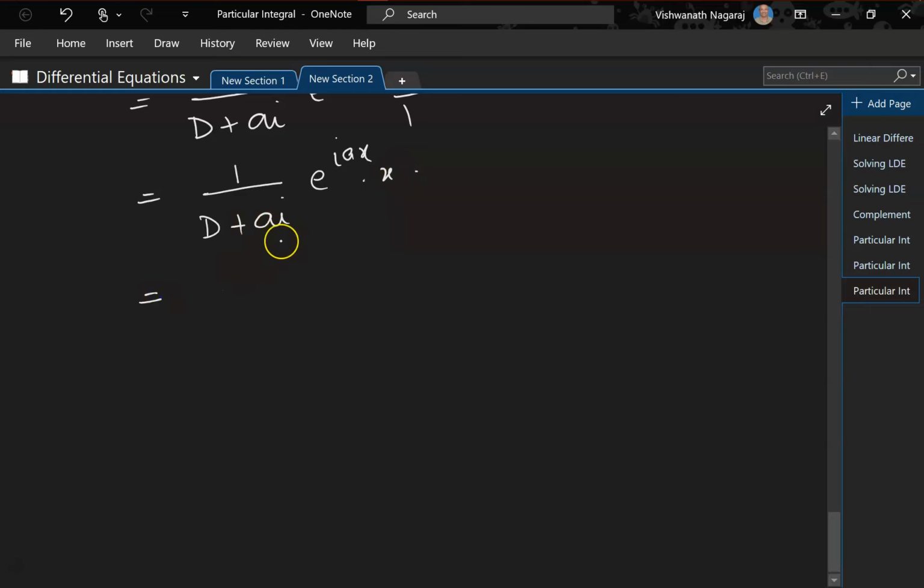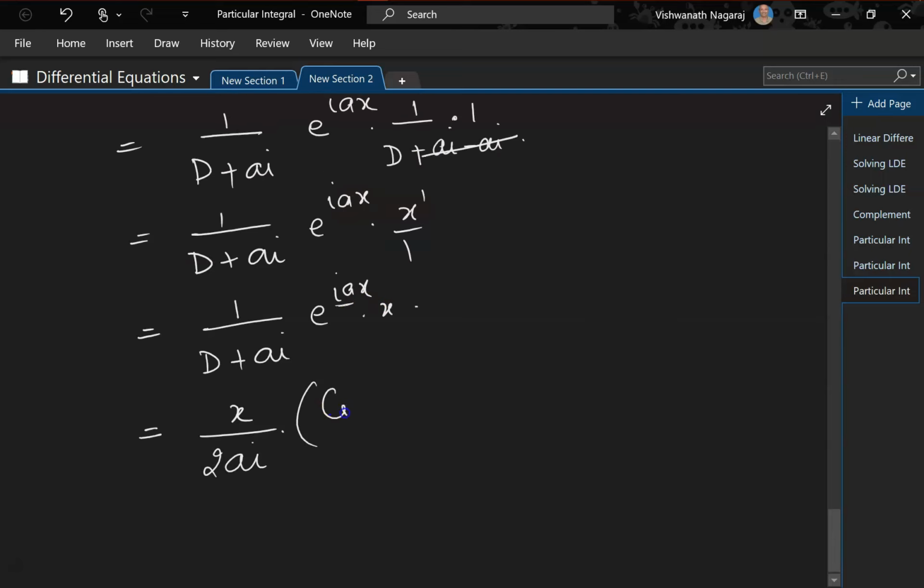Now here what happens, we can replace D by m, so that is ia. So ia plus ai becomes 2ai, and e to the iax is cos ax plus i sin ax.